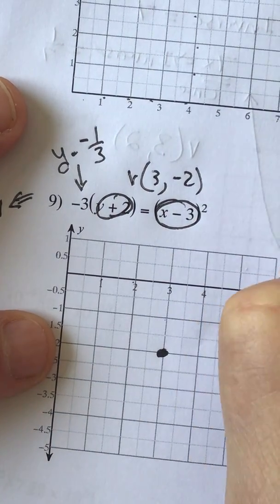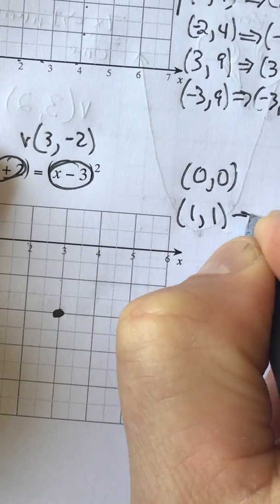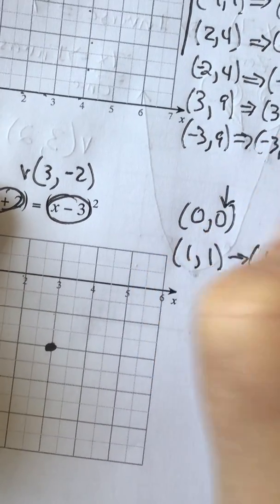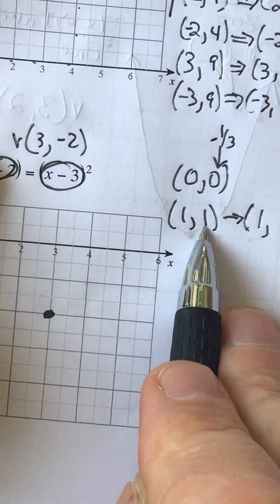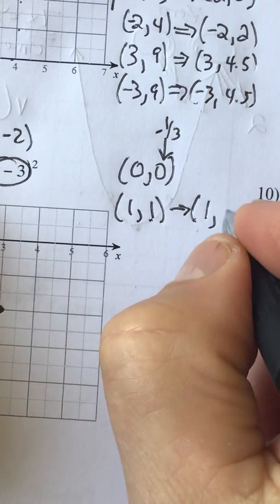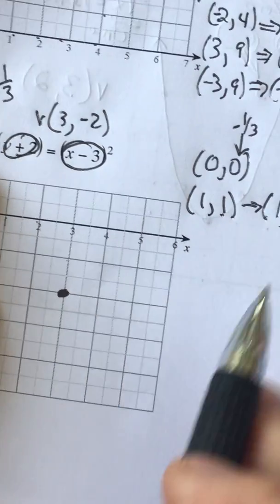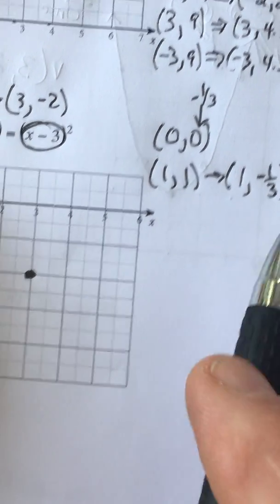So my 0, 0 stays 0, 0. But the 1, 1 is now going to become 1, and remember, these numbers are getting multiplied by -1/3. So 1 times -1/3 is -1/3. So instead of going over 1, up 1, I'm going to go over 1, down 1/3.